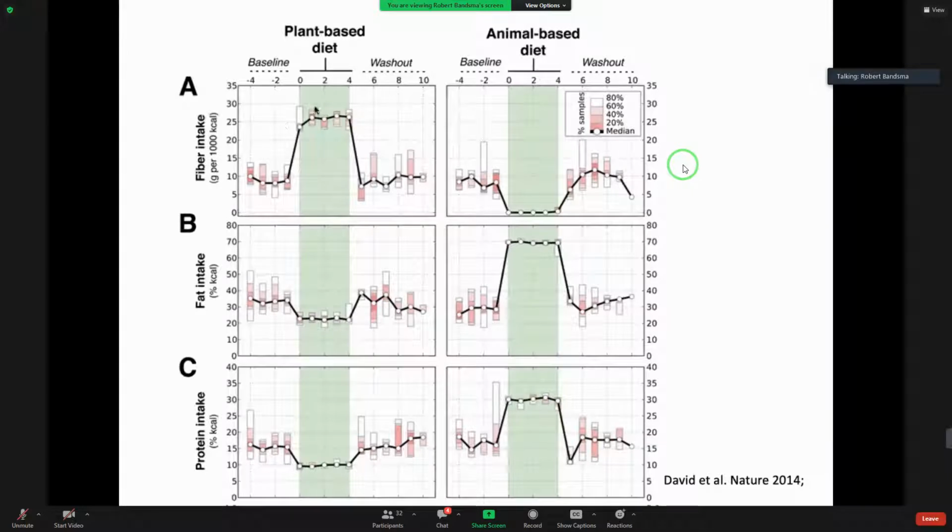So of course, the plant-based diet, that's in green, led to a much higher fiber intake and a lower fat intake and a lower protein intake. And the reverse was seen in an animal-based diet, right? So you can see here the extent of the changes in composition of the different diets.